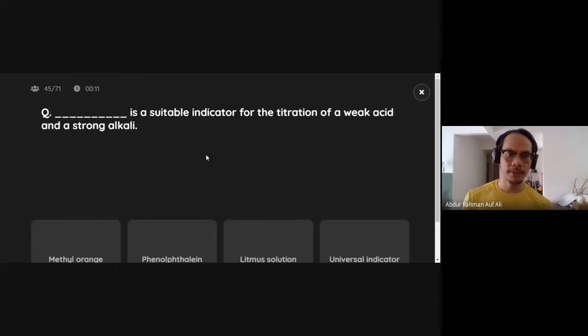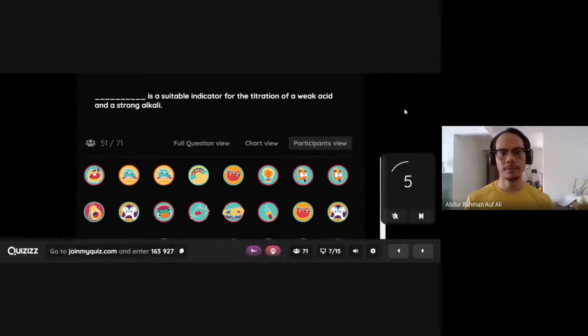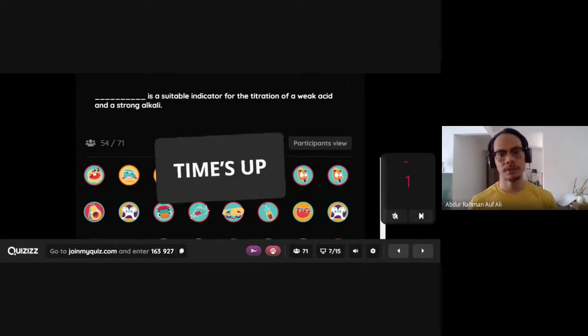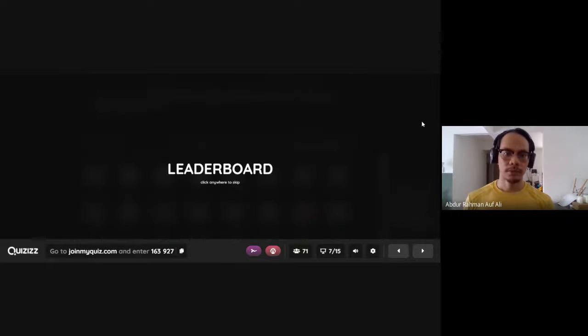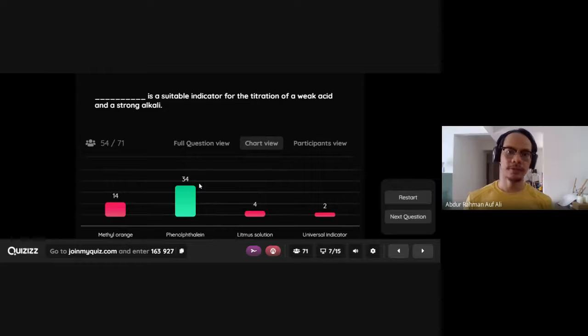Jadi weak base and strong weak alkali terbalik tukar the strength. Okay, so which one is best? The options sama macam tadi, phenolphthalein, methyl orange. Okay, so the right answer is phenolphthalein.